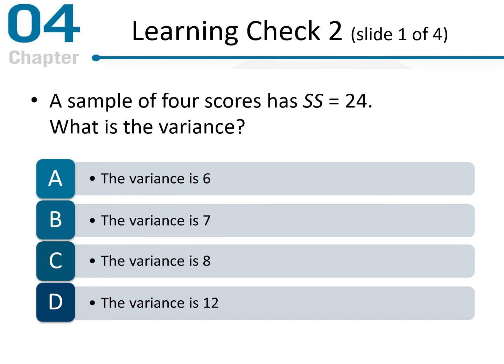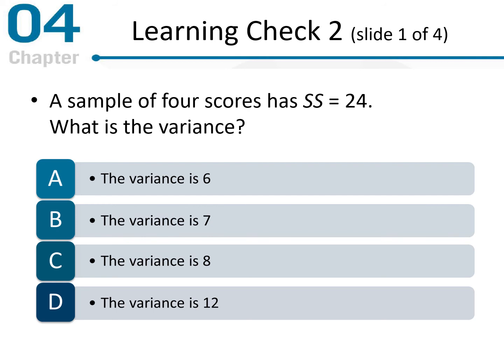So here's our sample. We have 4 scores, and the sum of squares is 24. Now, SS is the sum of the squared deviations about the mean. So it's basically x minus the mean, each raw score minus the mean, square that difference, add them all up, and we get a total here of 24. So if our sum of squares is 24 and we have 4 scores, what is the variance of the sample?